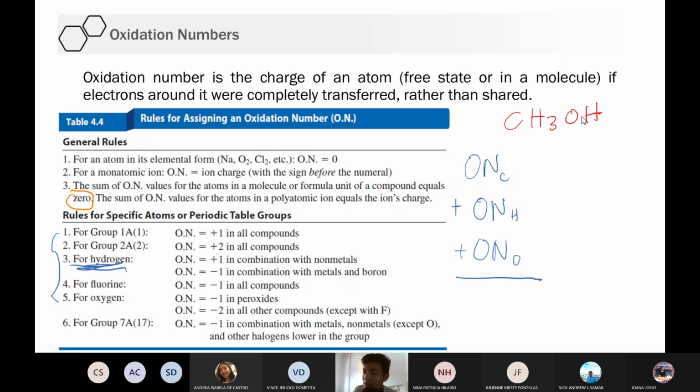So, just look. Ano yung mga katabi ni hydrogen? Ang katabi ni hydrogen ay nonmetals, no? So, carbon is nonmetal, oxygen is nonmetal. Ibig sabihin yan, we follow this one. Sabi dyan, if it is bonded with nonmetals, then oxidation number of hydrogen is positive 1.